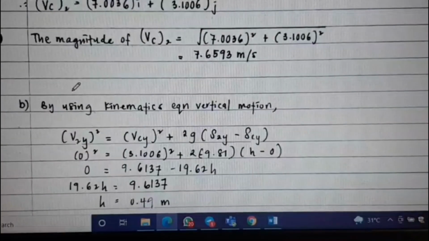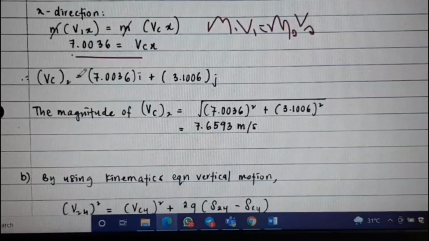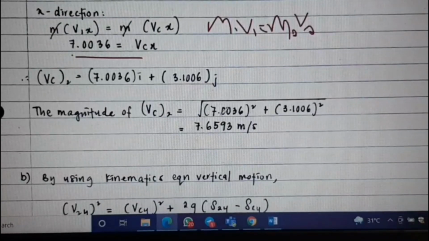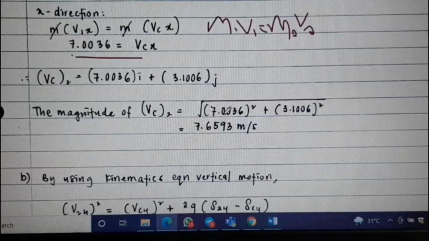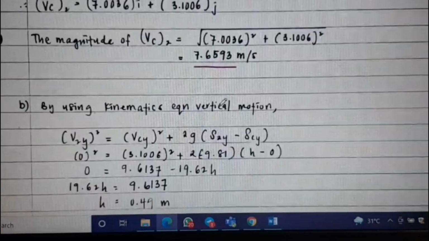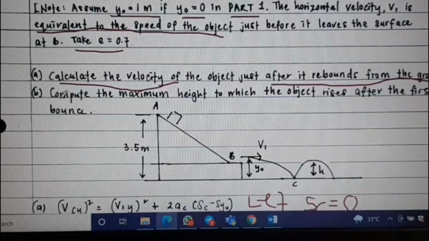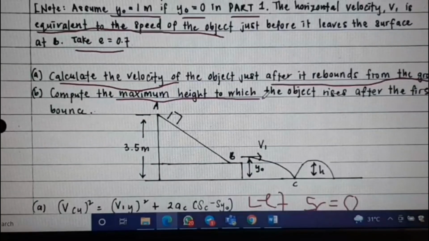Therefore, we got vc2 equals 7.0036 i plus 3.1006 j. Next, we calculate the magnitude of vc2 equals the square root of 7.0036 squared plus 3.1006 squared, which equals 7.6593 meter per second.